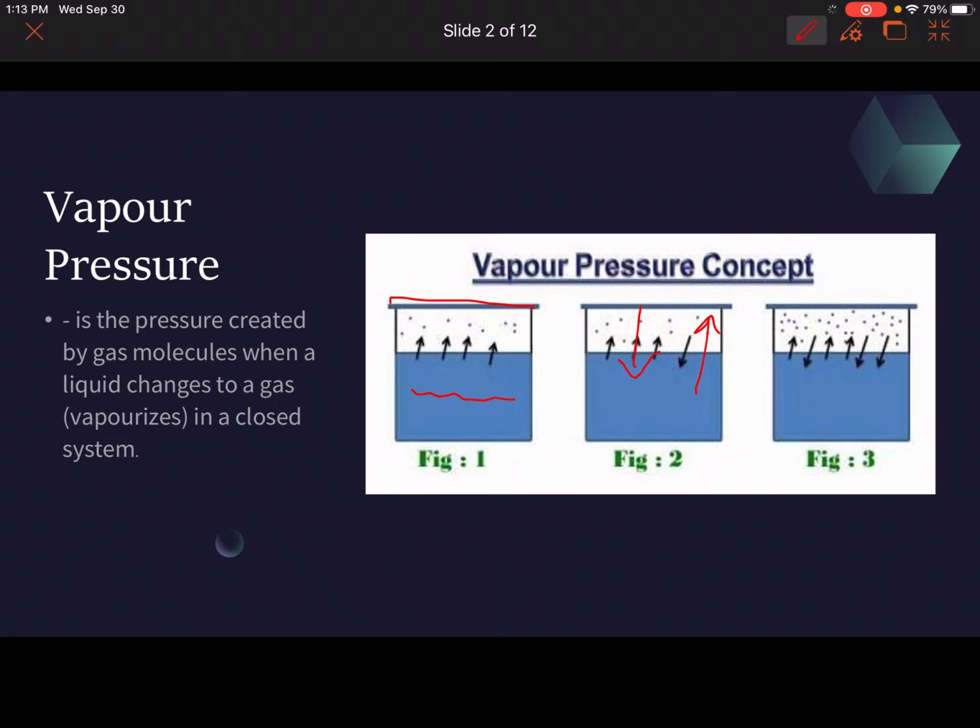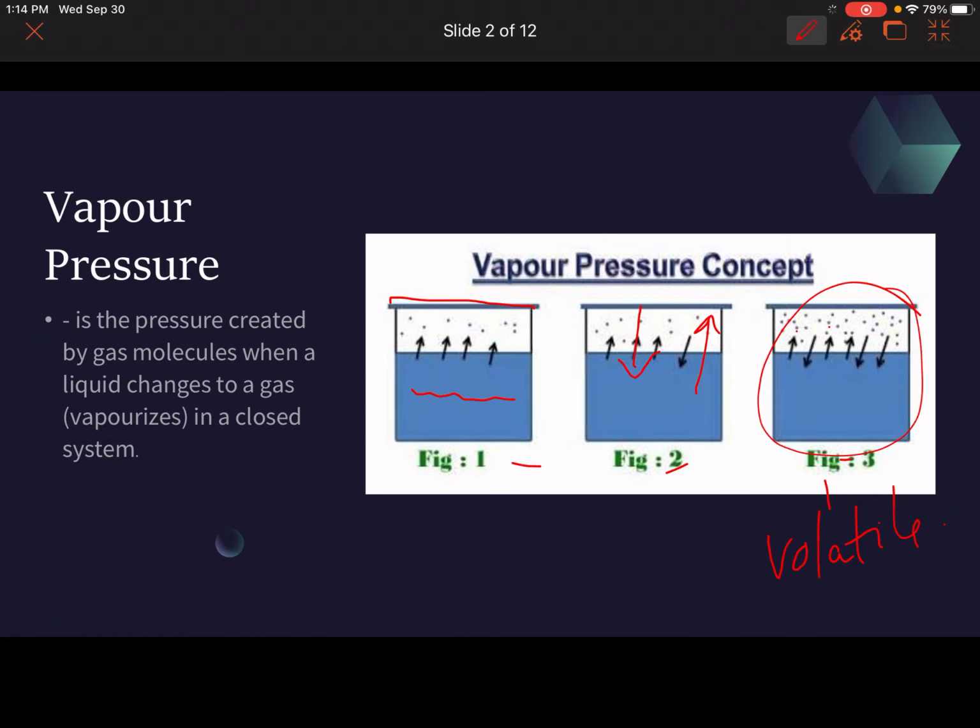Now, we've got three different gases here. This one, for example, has a lot of gas particles. This would naturally be a chemical property of a substance. This particular substance here would be fairly volatile, so a lot of the gas particles want to change into the gas phase.